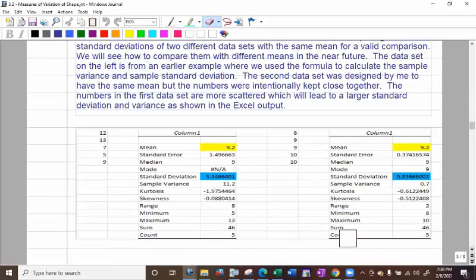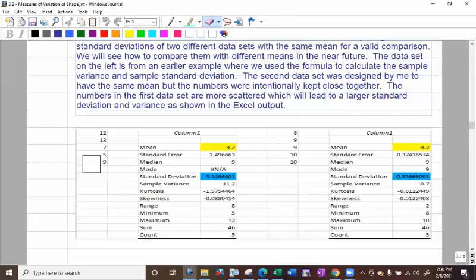But while the number itself doesn't mean anything, if you look at these two data sets, there's the one that we originally had, the mean of 9.2. I took 5 numbers and I made sure that they were going to have the same mean of 9.2. But notice with this new block of numbers, see how close together they are? They're clustered pretty tightly together, and the other ones are more spread out, right?